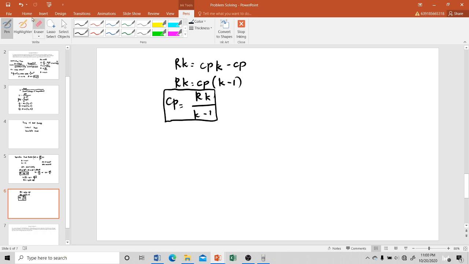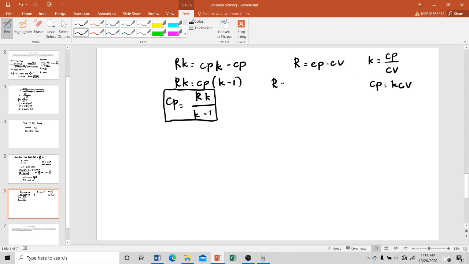Similarly, for the specific heat at constant volume relating with the gas constant R and the specific heat ratio, we have R equals Cp minus Cv. The specific heat ratio is Cp over Cv, so Cp equals K Cv.